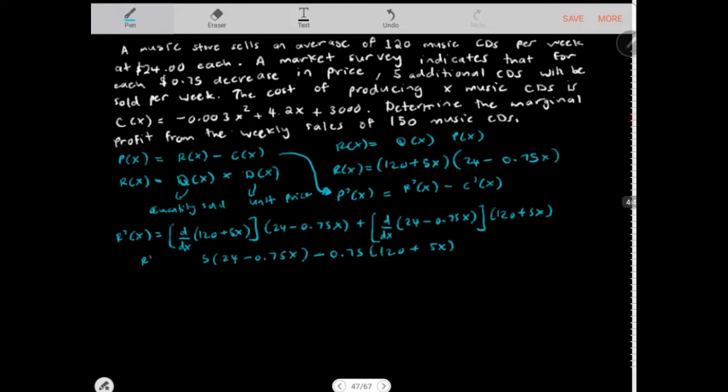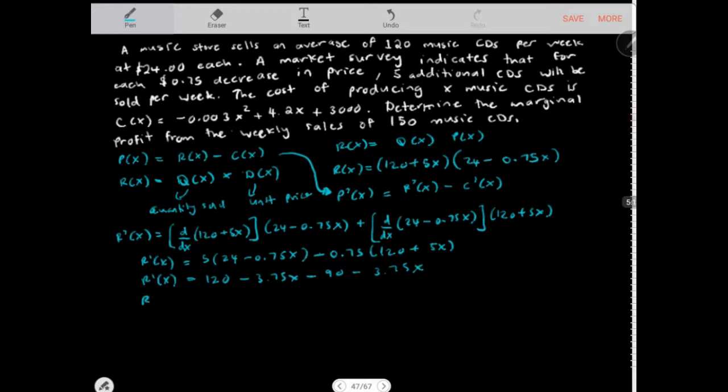If I simplify out the revenue function, you get 5 times 24, which is 120, minus 0.75 times 5, which is 3.75x, minus 120 times 0.75, which is 90, minus once again 3.75x.